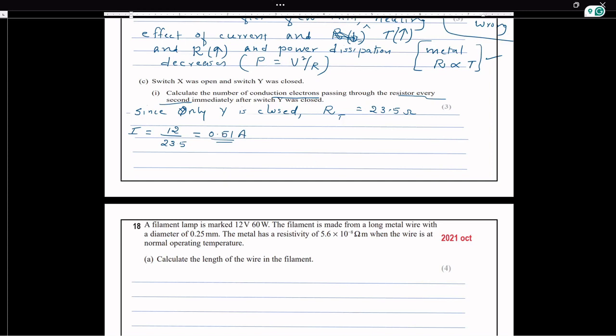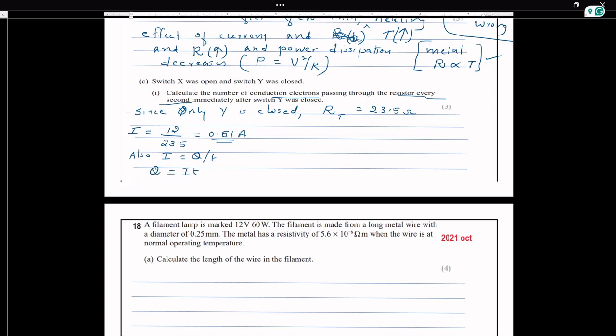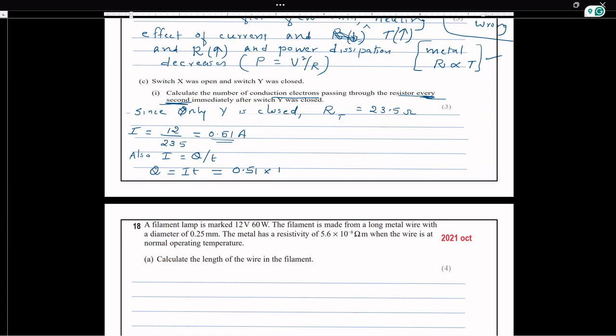Also we know that I is Q over T, the charge flowing by time. Therefore, the charge flowing is I times T, and we have already got the current 0.51, times the time. The question is for every second, so the time is 1.